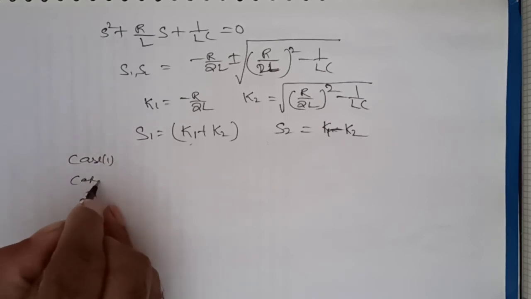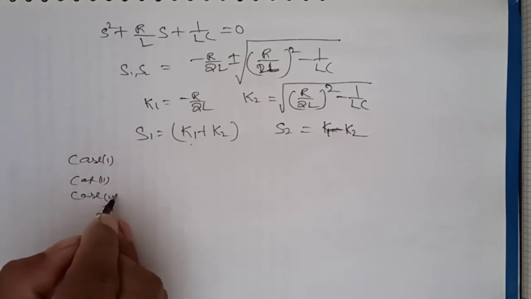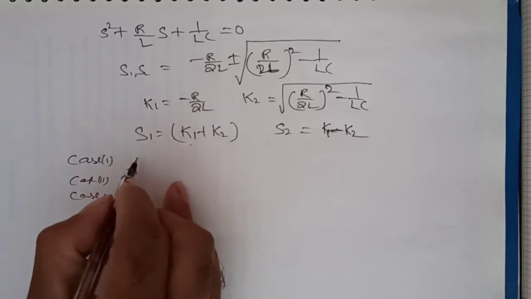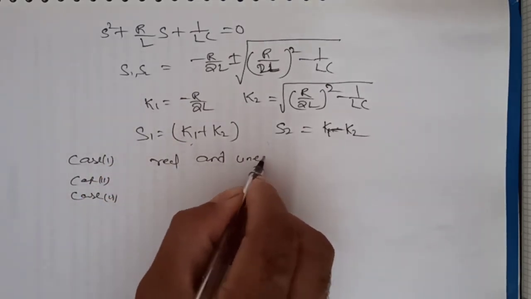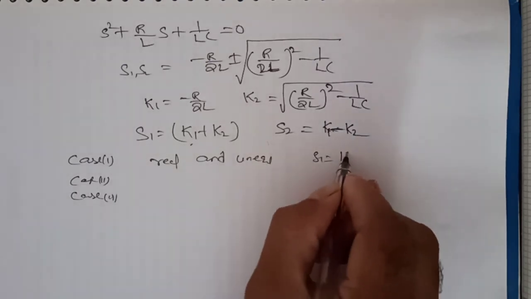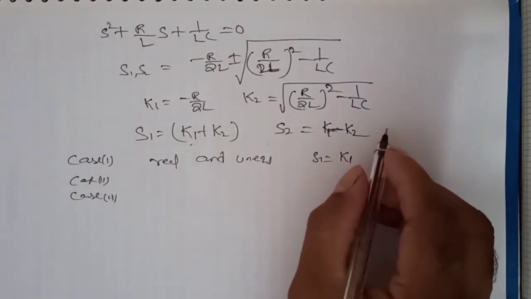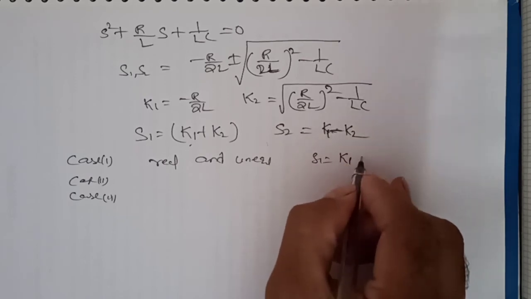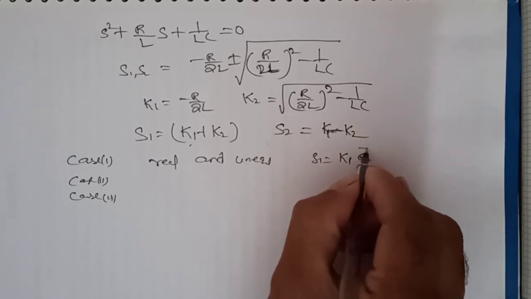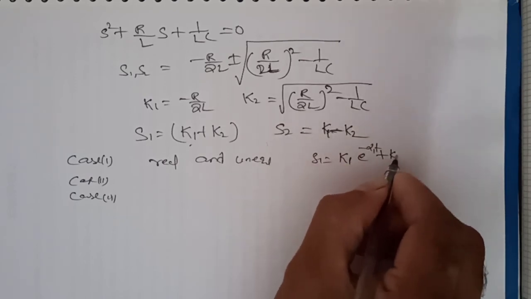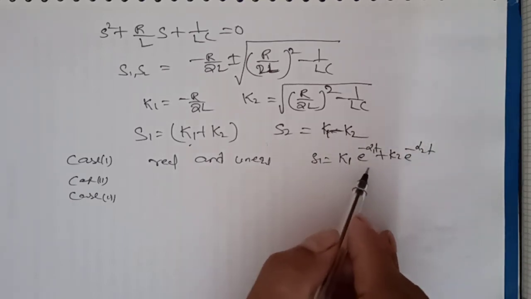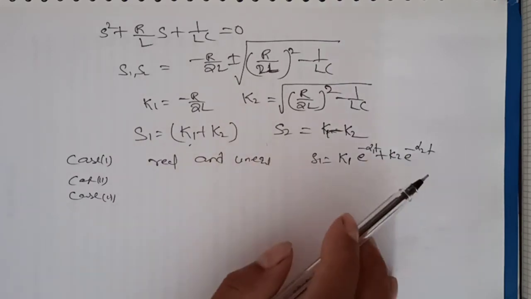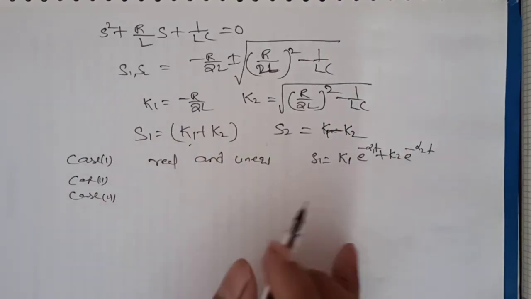Case 1: if the roots are real and unequal, we will get the complementary function k1 into e power minus alpha 1 t plus k2 into e power minus alpha 2 t. After finding k1 and k2 we have to add the particular integral solution, which will become the complete solution.